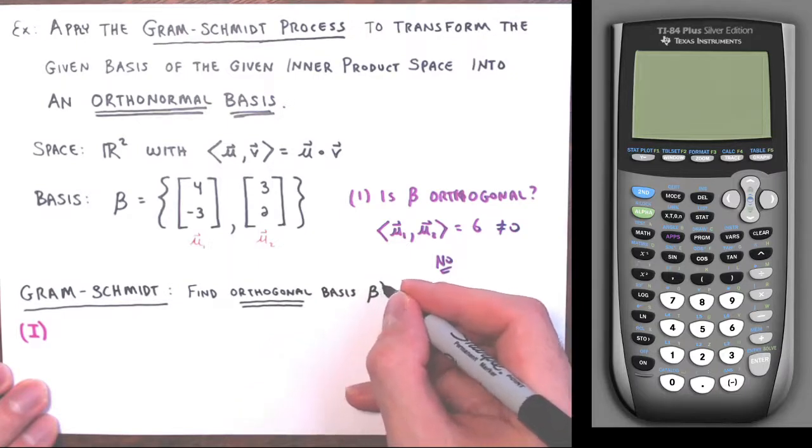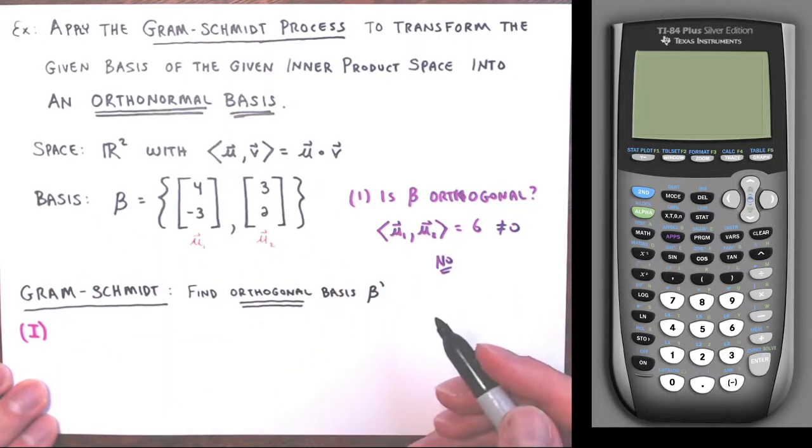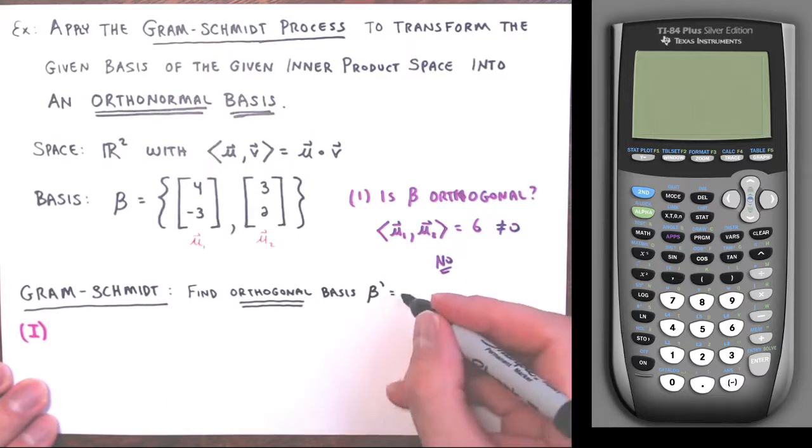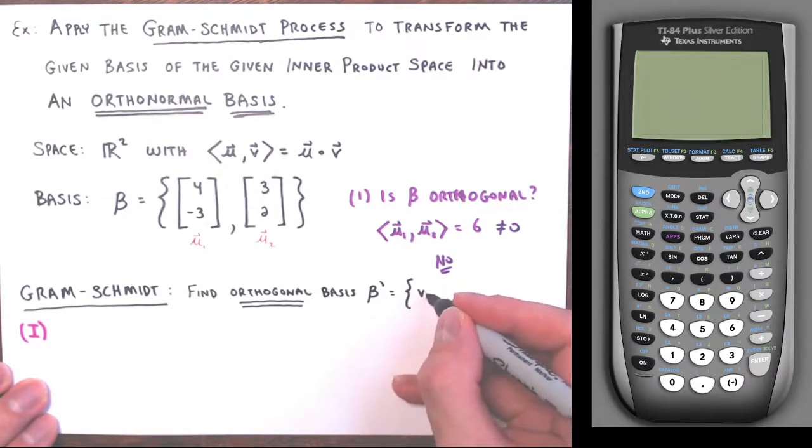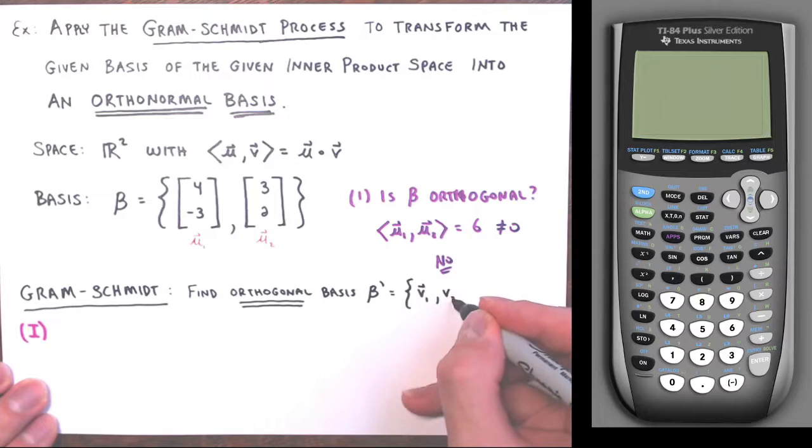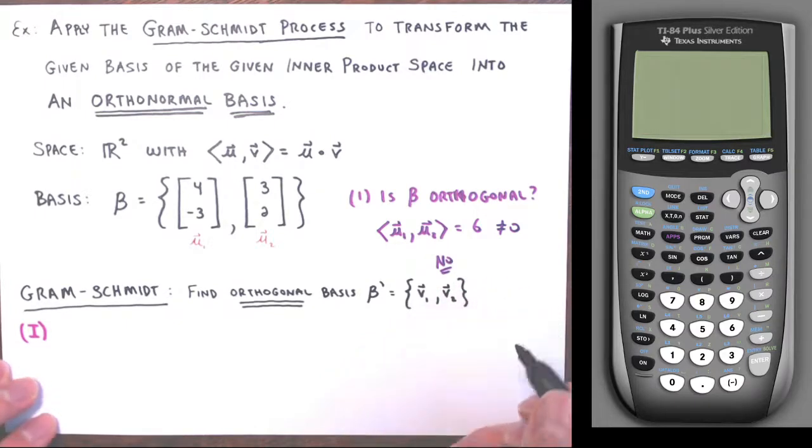I'm going to call it B prime, because it's coming from B, but it's not equal to B. It has vectors v1 and v2, which are different from u1 and u2.